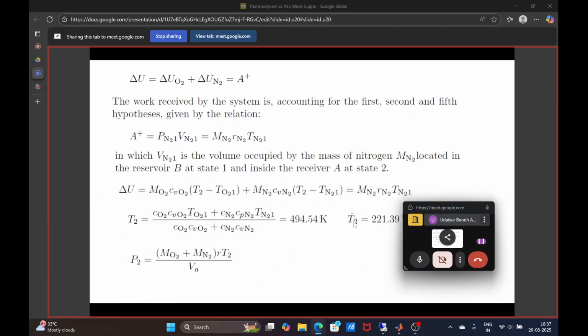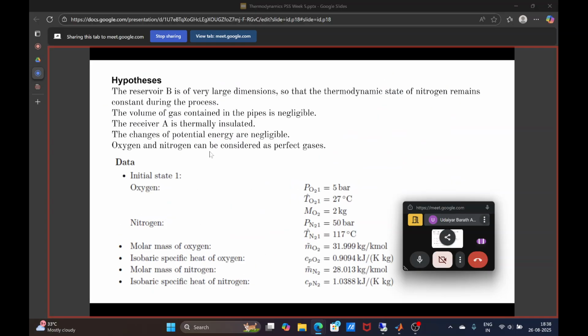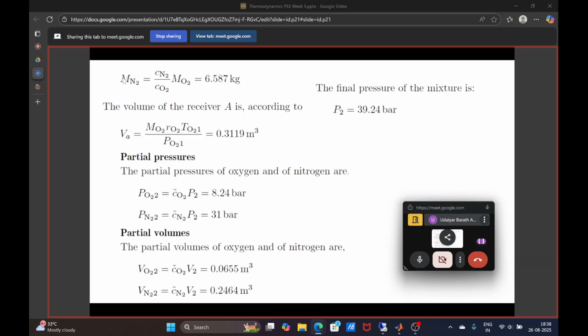Now we know the temperature and the total mass, so we can find out the pressure. Initially we know the oxygen to be 2 kg, so we can find the nitrogen using the mass fraction values. Mass of nitrogen equals mass fraction of nitrogen into mass of oxygen divided by mass fraction of oxygen.